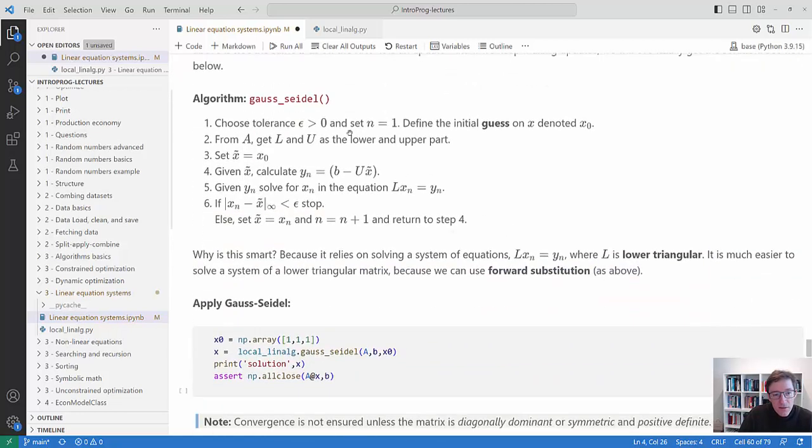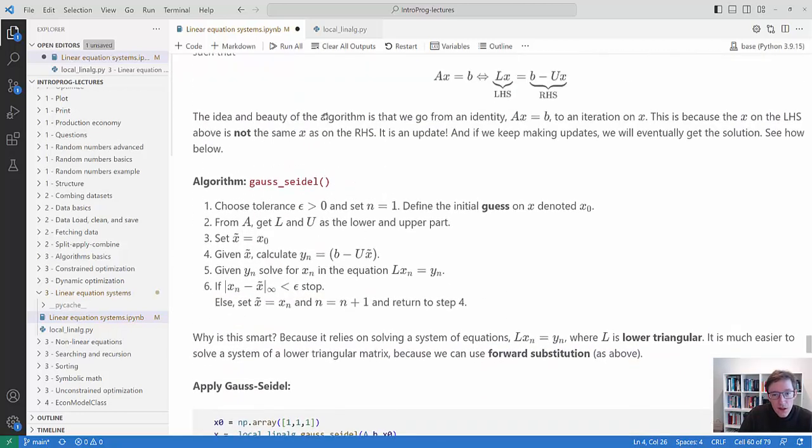So the Gauss-Seidel algorithm is that you choose some tolerance, then you set the iteration counter to 1, and you guess something on x. Then from A, you get the L and the U matrix, and you set x_old to the guess. And then you calculate what the right hand side must be, that's b minus U times x_old.